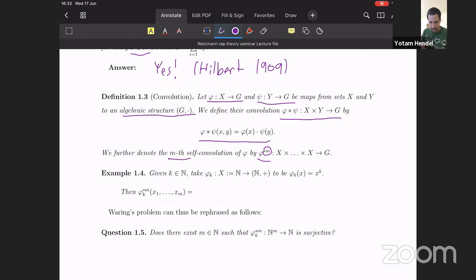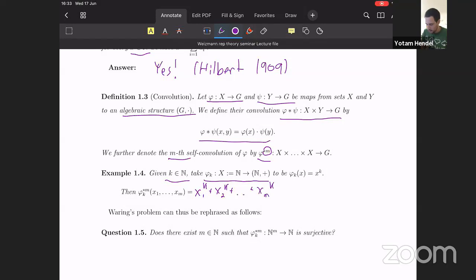Using this terminology, let's see an example, and then I'll say how I can restate Waring's problem. Say I have some number k, and I name φ_k to be the map sending x to x to the power k. Then taking the m-th self-convolution of φ_k gives me the map which sends (x1, ..., xm) to x1 to the power k plus x2 to the power k, all the way up to xm to the power k.